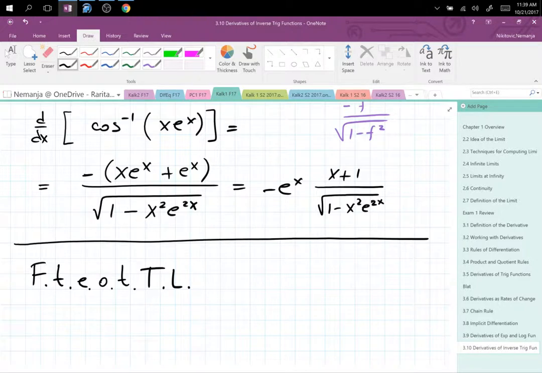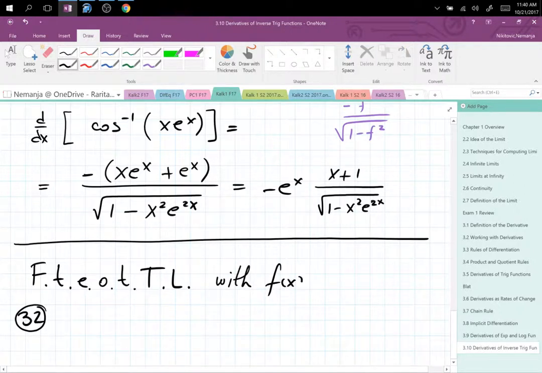Let's do problem 32. So f of x is equal to sine inverse of x over 4 at the point x equals 2.